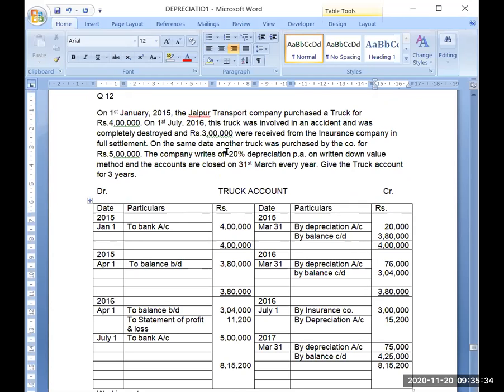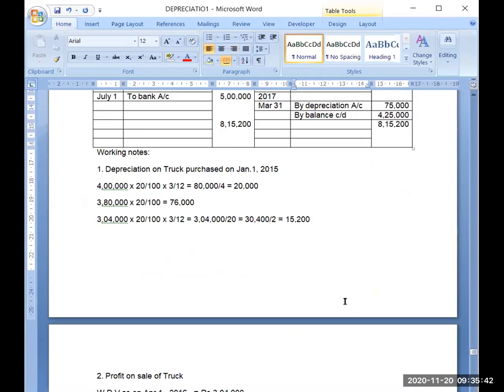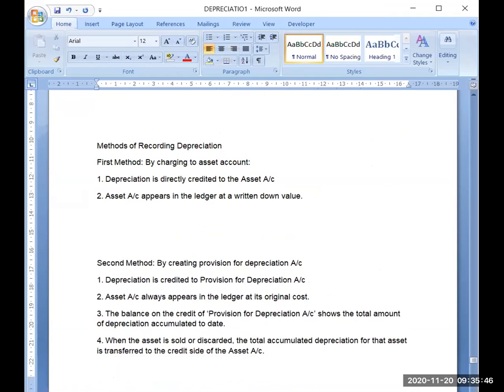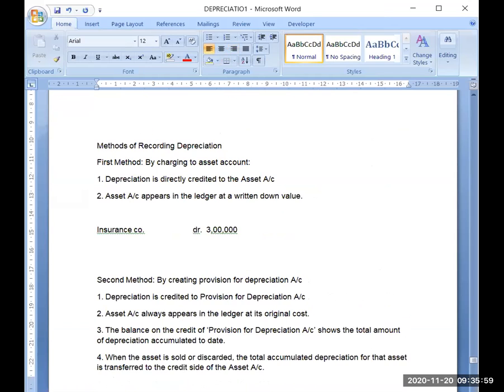Now there may be one confusion in your mind: it is written here that we have received rupees 3 lakh from the insurance company, then why are we not writing here by bank account? What will be the journal entries? Let me show you. First we will do the entry: insurance company debit 3 lakh to truck account.